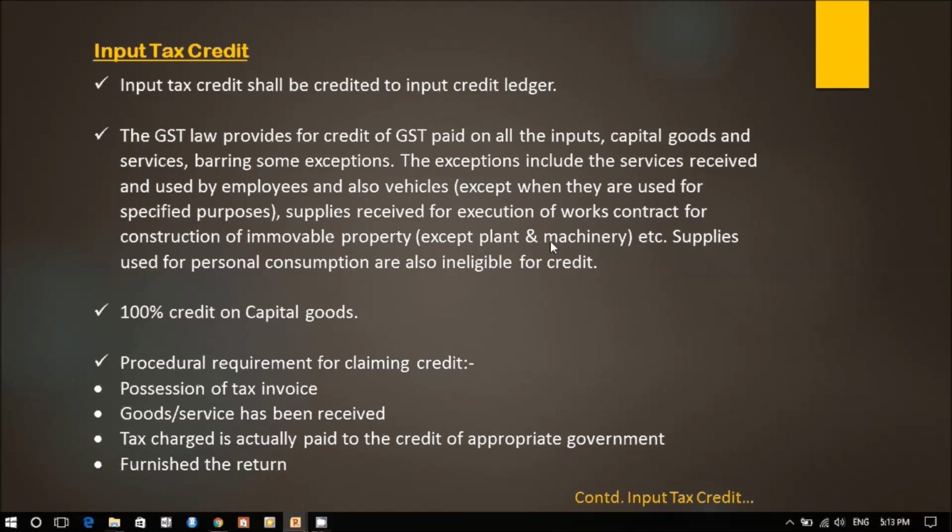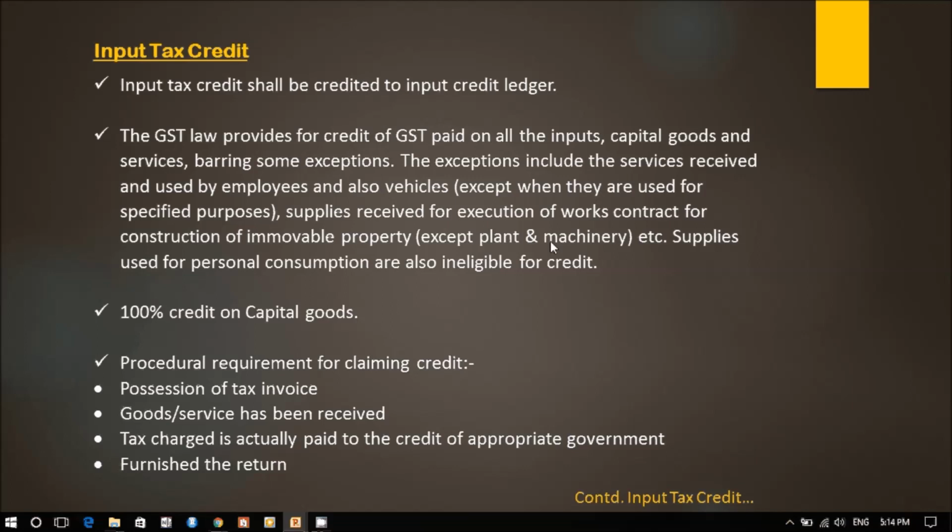The inputs or the goods we purchased, if we used those supplies for our personal consumption, then we would not be able to take credit of that input tax we have already paid, because in the indirect tax the burden is on the final consumer. If you are consuming the goods, then you have to bear its tax.